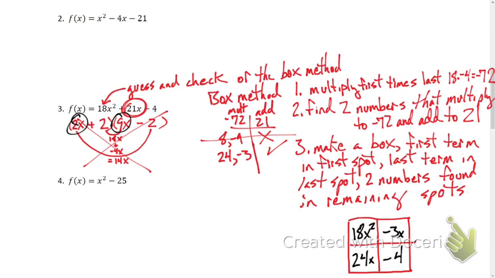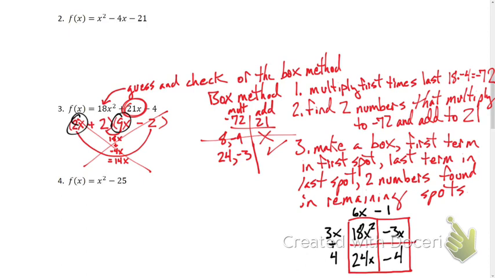So 2 and 9 just won't work. I need two other numbers that multiply to 18. I want a 3x and a 6x, because I can go 3 times -1 to get -3. I can go 6 times 4 to get 24. And sure enough, 4 times -1 gives me -4.